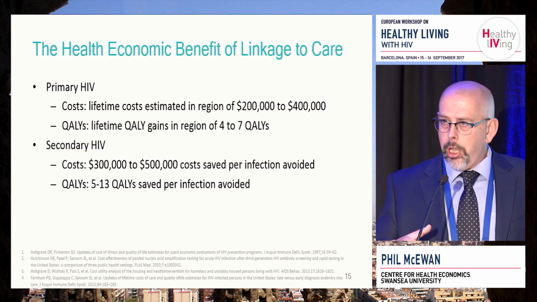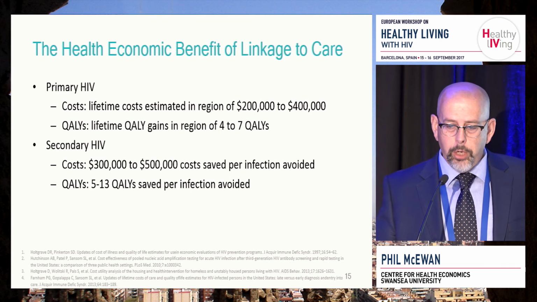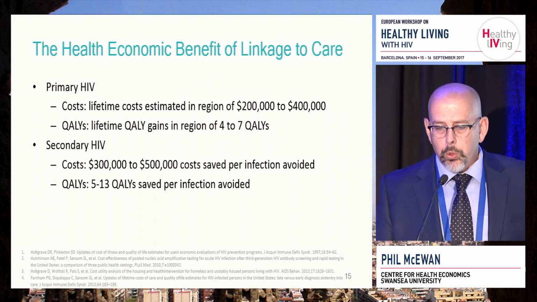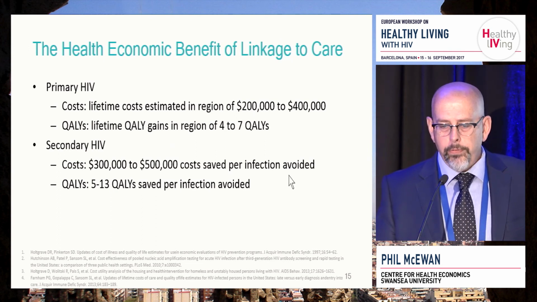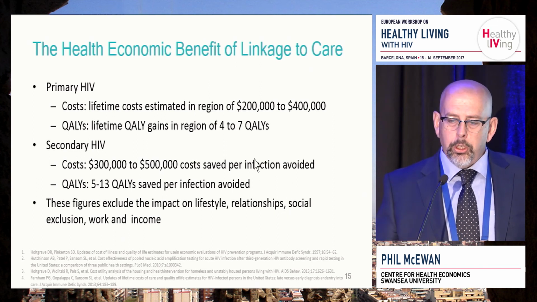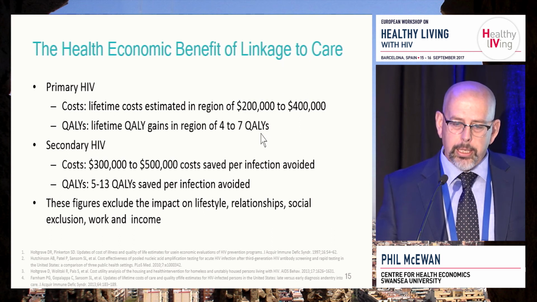And in the previous slide, we're talking potentially of hundreds of thousands of new HIV infections avoided through screening and retention programs, as well as 5 to 13 quality-adjusted life years saved per infection avoided. So tremendous cost associated with managing those patients currently infected, but tremendous healthcare gains as well, and even bigger gains associated with avoiding future infections.